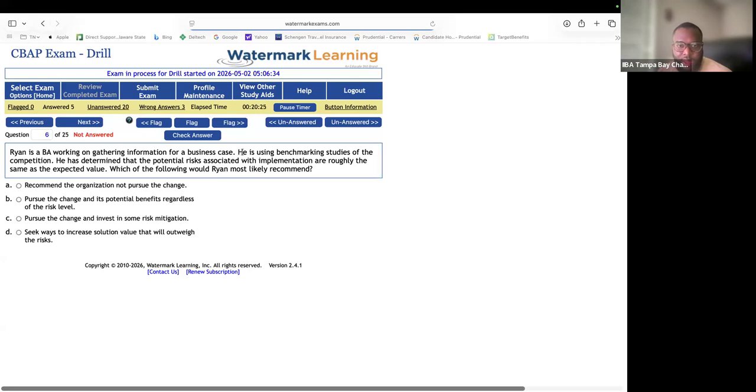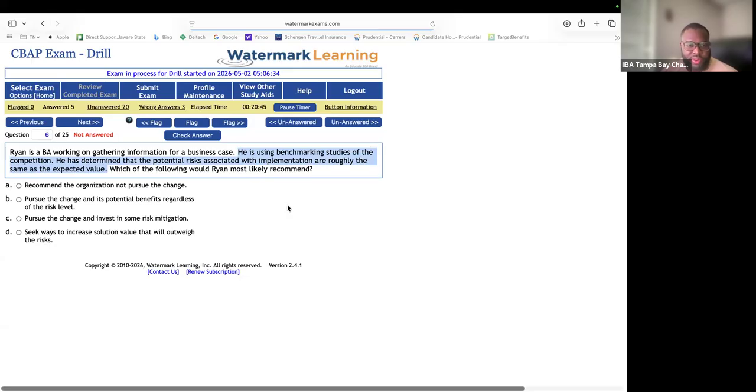So he's using a benchmarking study of the competition and determined that the potential risk associated with the implementation are roughly the same as the expected value. So what is the best recommendation in this case, knowing all that we know already?